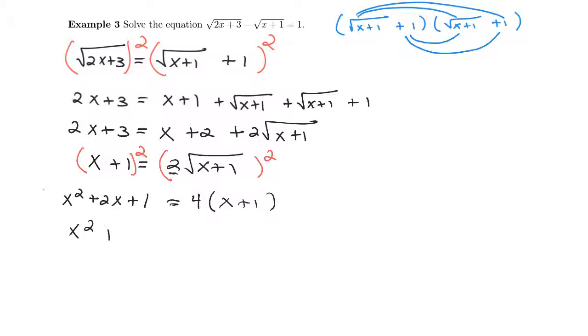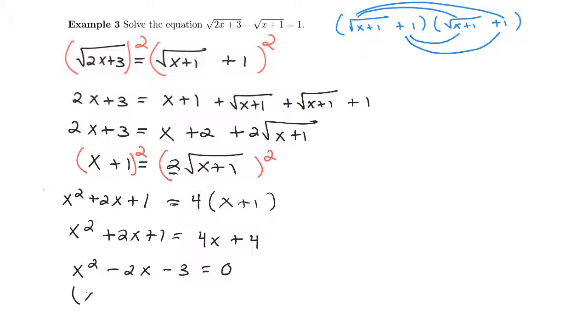So I have x squared plus 2x plus 1 is equal to, I'll distribute the 4 and get 4x plus 4. Okay, I'll subtract 4x and 4 from both sides. And I'm hoping this factors, and it does.